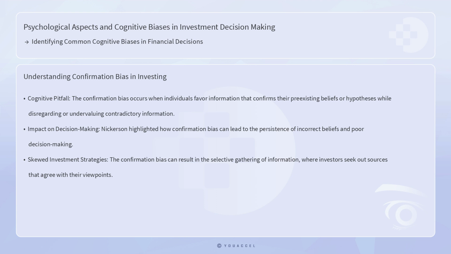For investors, this might mean focusing on positive news about a favored stock and ignoring warning signs, leading to overly optimistic assessments and potential financial losses. The confirmation bias can also result in the selective gathering of information, where investors seek out sources that agree with their viewpoints, further entrenching their biases and leading to skewed investment strategies.